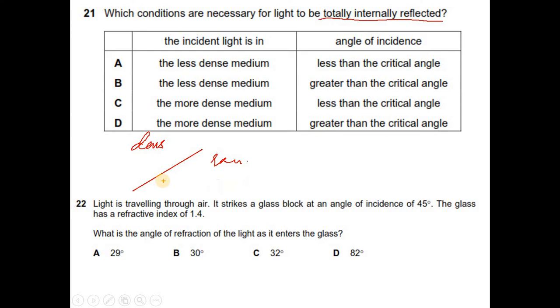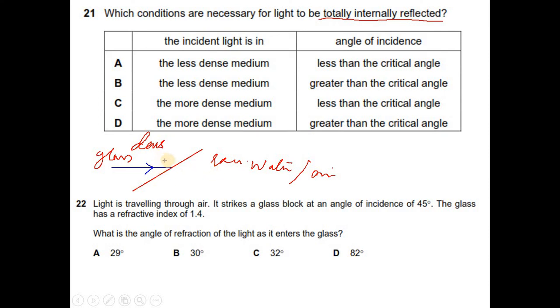So suppose the light is coming from glass to water, or maybe air comparatively. So if light is coming from glass, something like this is the ray of light, and then when it enters, it bends away from the normal because it is the refraction from denser to rarer medium, or from high refractive index to low refractive index.